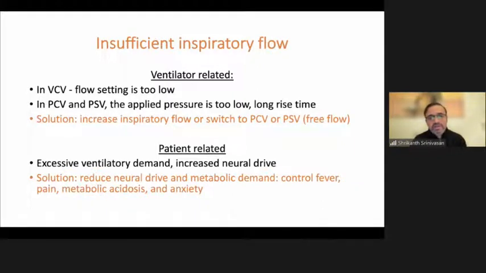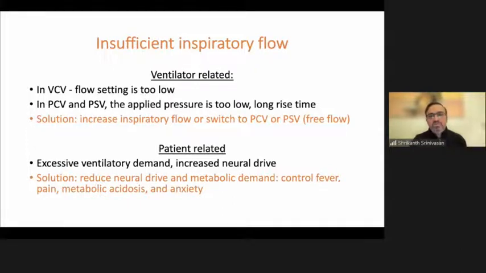And the patient related factor is obviously an extremely high, increased ventilatory demand or an increased neural drive. What could be the causes? It could be a high neural drive in the first place, or it could be agitation, fever, restlessness, metabolic acidosis, anxiety, pain, and all those factors which increase your ventilator demand.